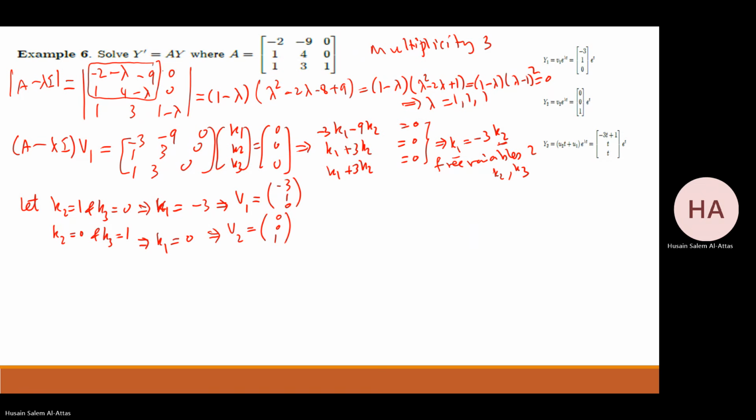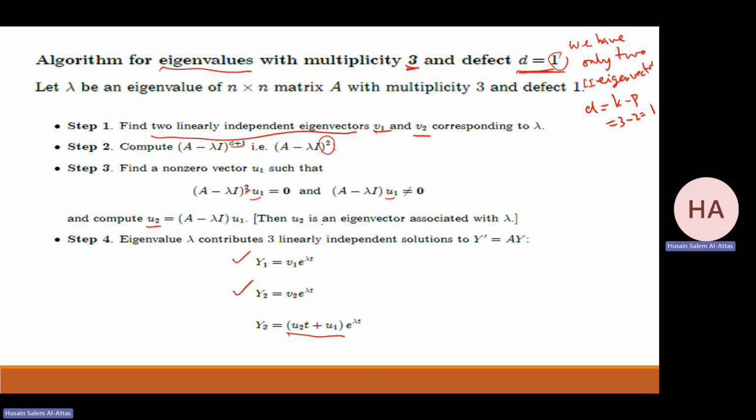Now I need to find U2. Okay, keep these things for later. We found V1 and V2. Now I need U1. What is the defect? 1.